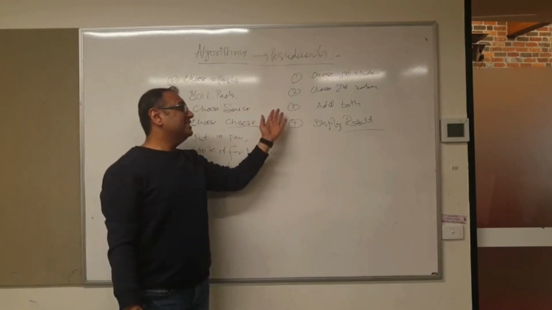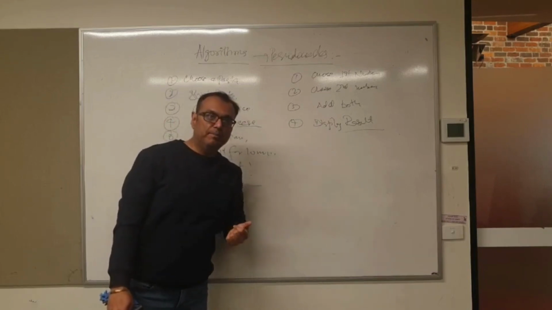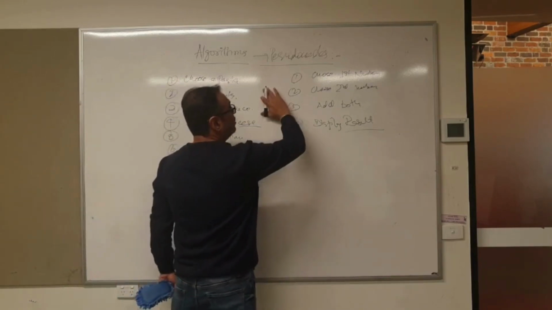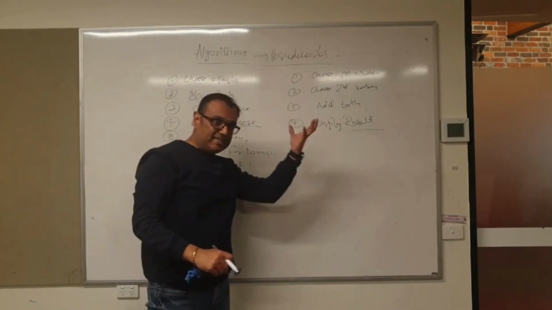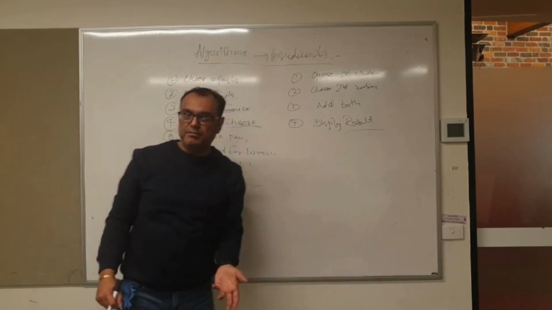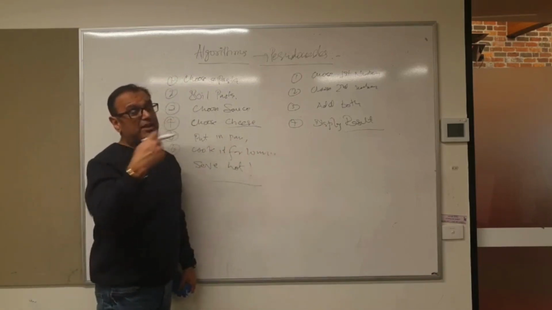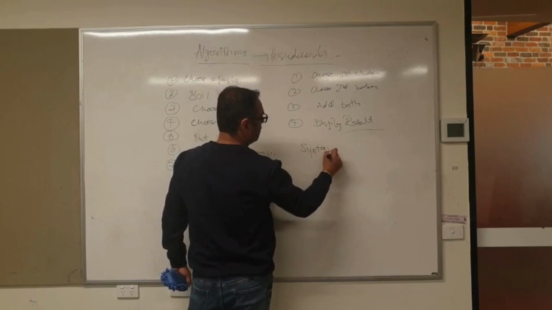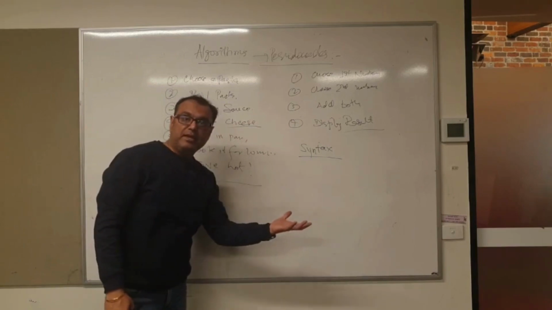For example, if I take adding two numbers as something I want to program on my computer, I would need a programming language to convert this algorithm into the syntax, as in how that programming language is written, and then fed into the computer and then run it. Now that's too difficult, and the way we write our programming languages is called syntax. So syntax is how you write a programming language.